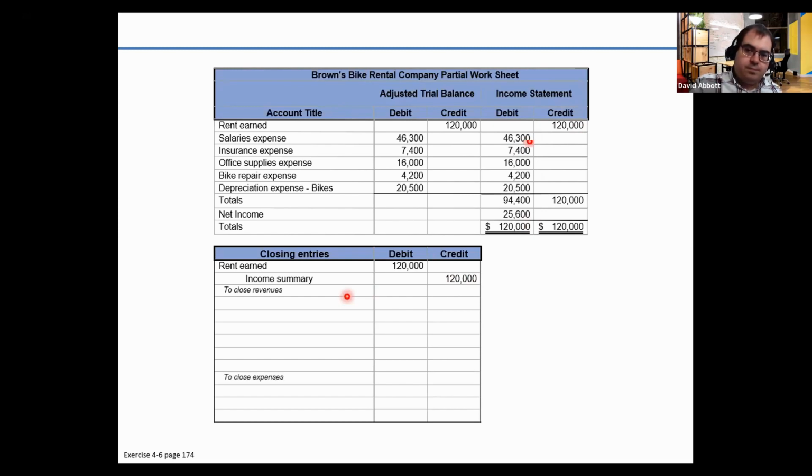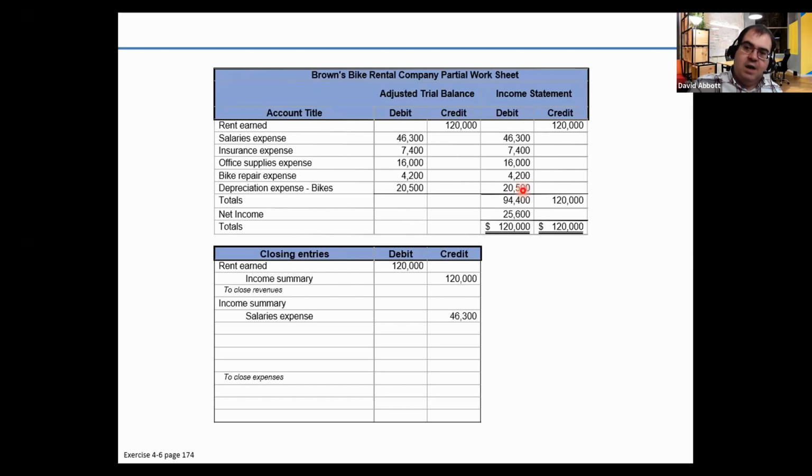Okay. So then the next thing we have to do is to close all of the expenses. Notice that now these are debits. And so when we go to do it, we would do the opposite. So the first thing you can set up is income summary would be a debit. We don't know the total yet, so we'll wait.